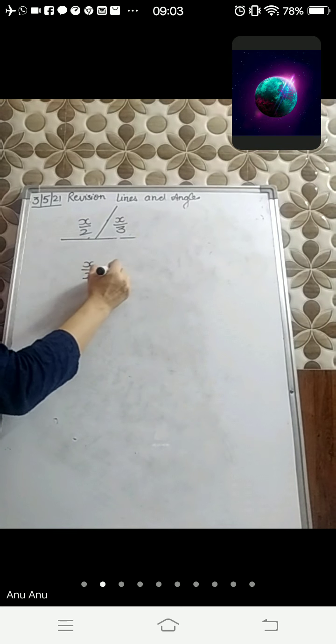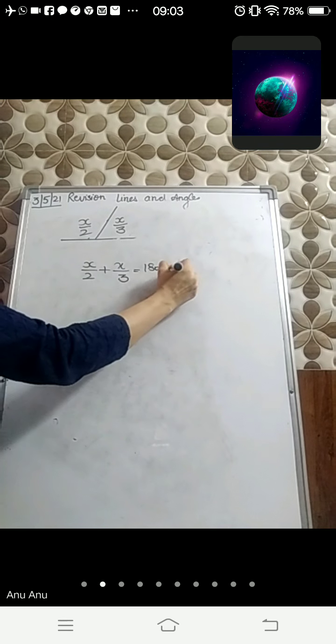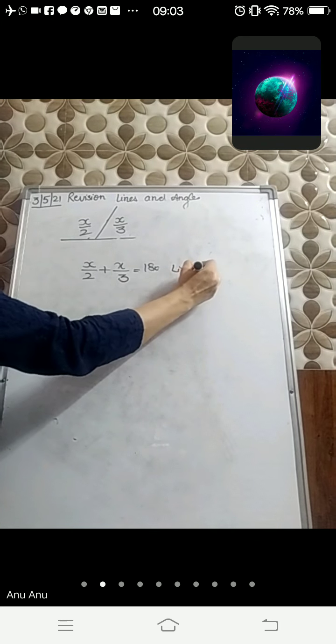So the sum of these two angles must be 180. That is, the reason is linear pair. Now take LCM. This is 3x plus 2x is equal to 180.